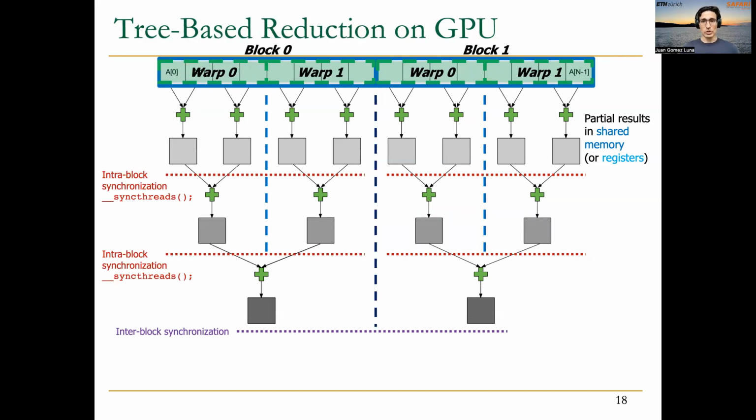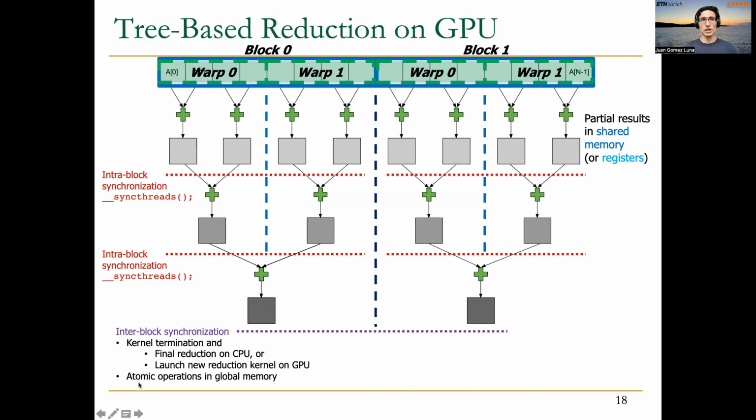There are several different ways to do this inter-block synchronization. The first of them is that we can move all these partial results to the CPU and then do the final reduction on the CPU. Another possibility is that we launch a new reduction kernel on the GPU, and we start from the beginning, performing all the iterations that we need until we end up having a single value that is the final reduction result.